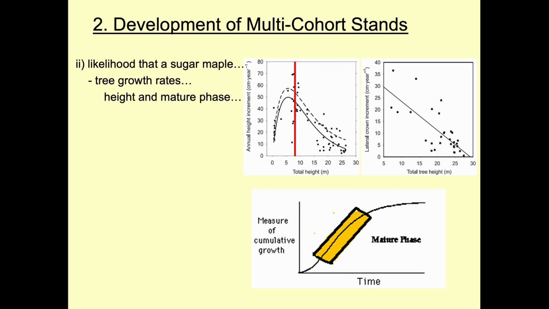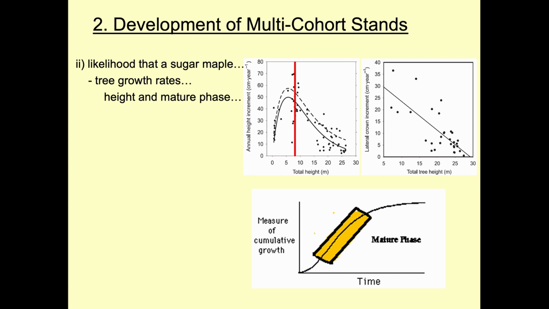To paint this picture more vividly, let's take a look at this figure on the right here with this red vertical line running through it. Now this is the annual height increment as a function of total height, and we could see that at 8 meters this sugar maple is having the fastest growth.